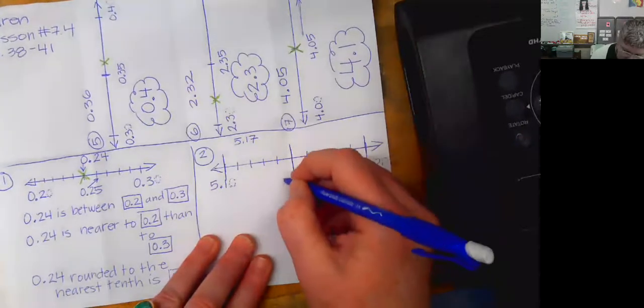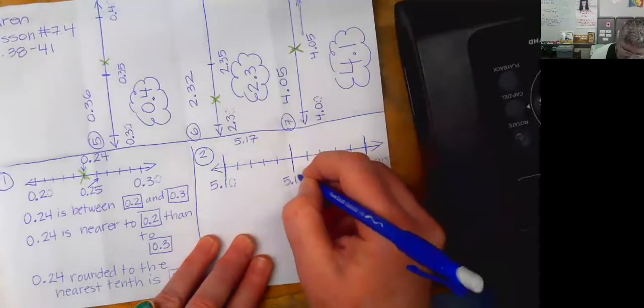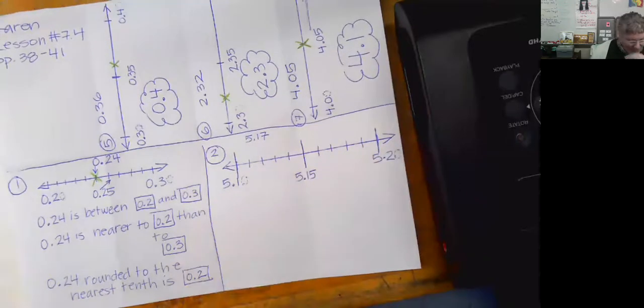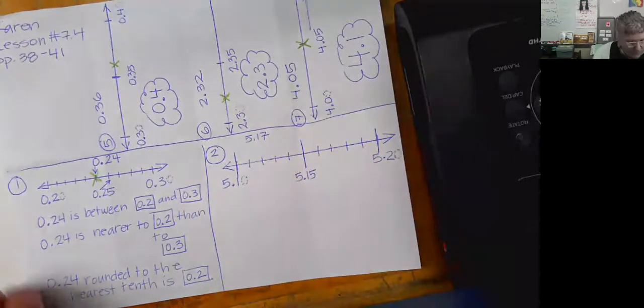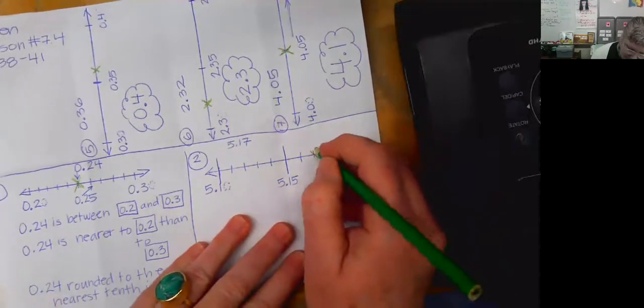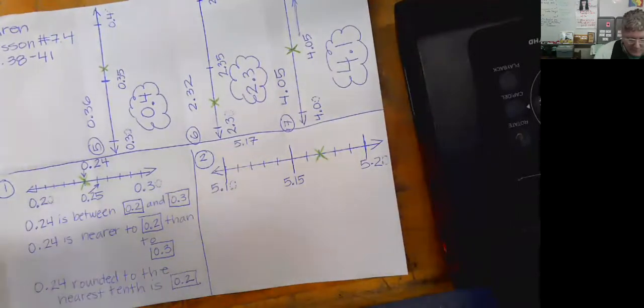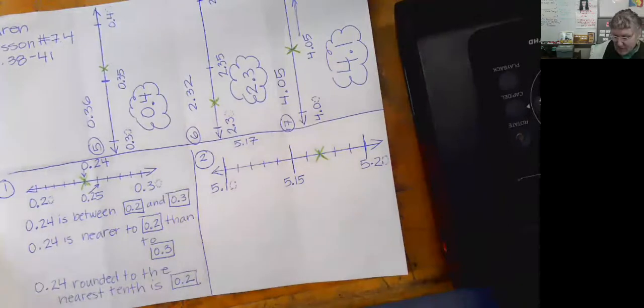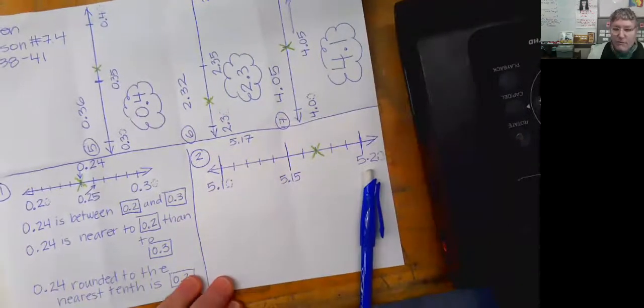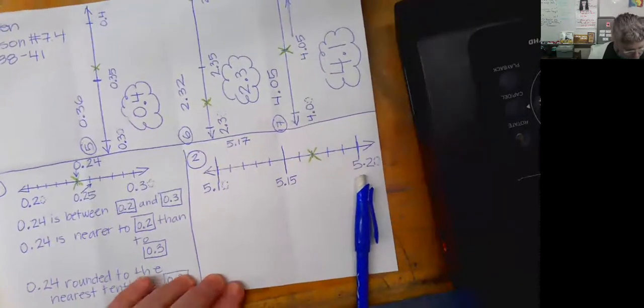So it's going to be 5 and 15 hundredths. Okay. If I want to find 5 and 17 hundredths, that's going to be right here. So it's going to be closer to 5.2 or 5 and 2/10.